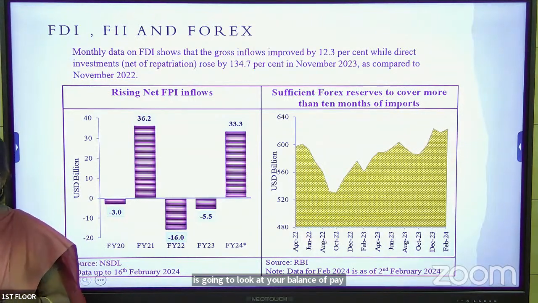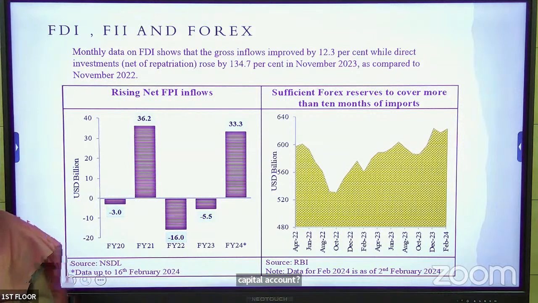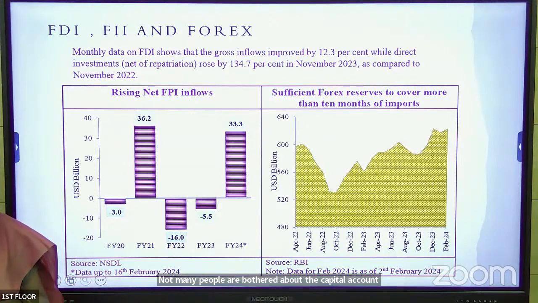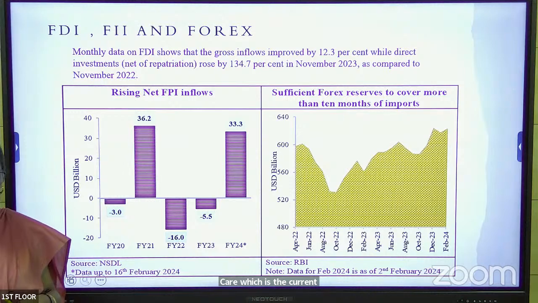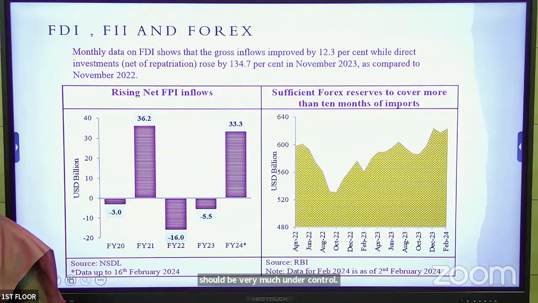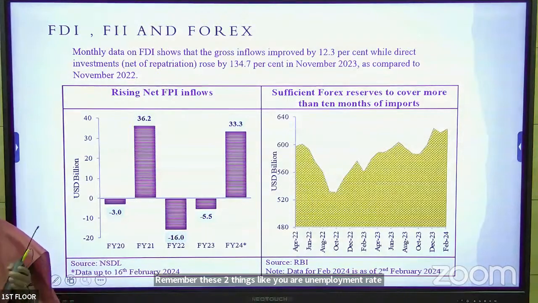BOP, you have current account, you have capital account. Not many people are bothered about the capital account as such in detail, but they look only at the CAD, which is the current account deficit. So fiscal deficit and current account deficit for a country should be very much under control. Remember these two things like your unemployment rate and the inflation rate. They are called the twin deficits for a country.